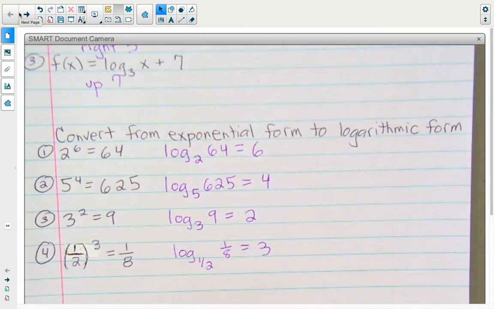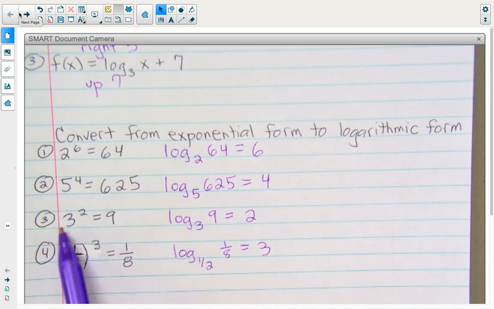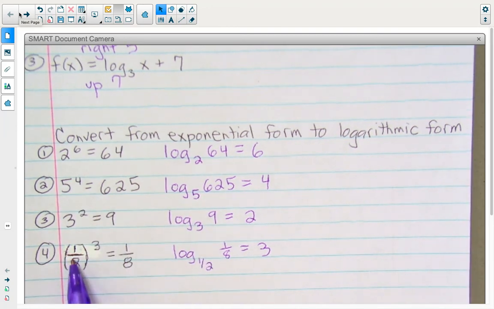So I've gone through it and I've converted all of these to logarithmic form. Notice with all of them, your bases are the same. I got a base of 2, base of 5, base of 3, base of a half. So it's just a matter of putting it in a new form.